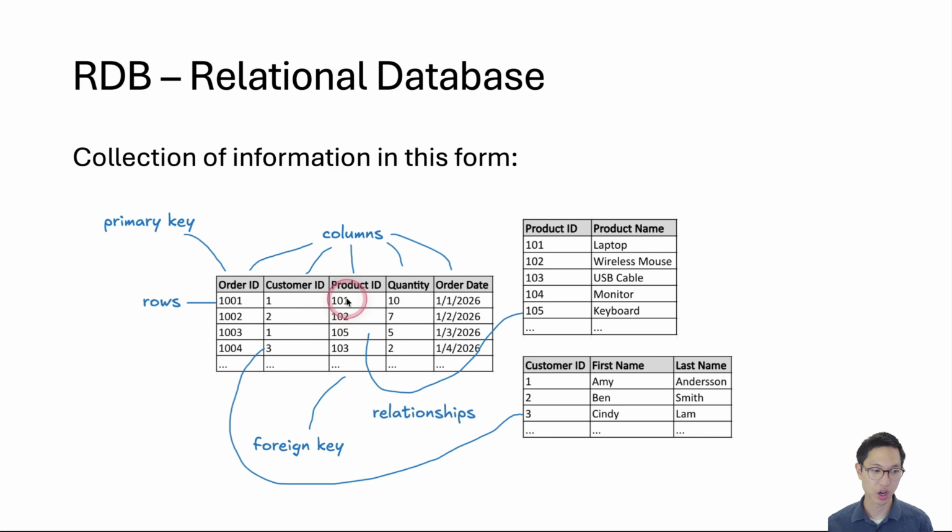So these are foreign keys of a primary key from another table. So that is how it works. Hope that it didn't become too complicated. We will go into more explanations, and then we'll go into actually coding this out and trying it out.